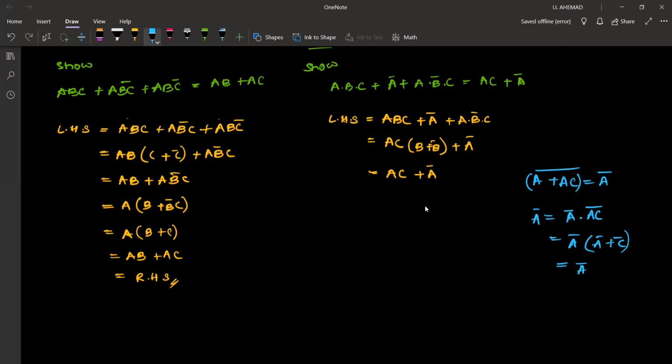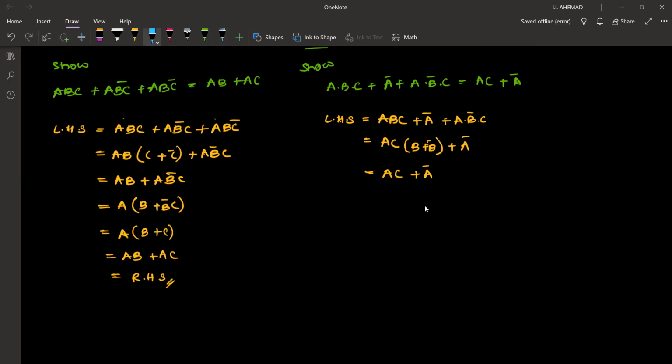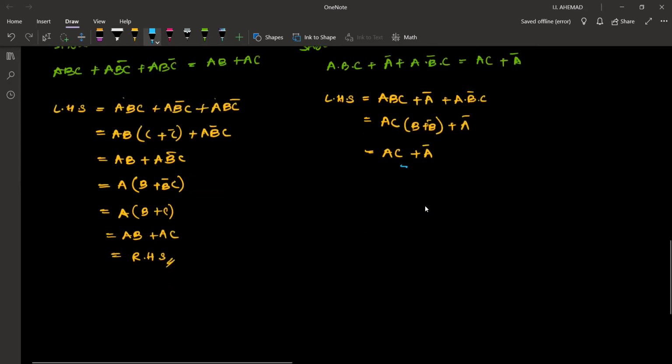Then we get A bar dot A bar plus A bar dot C bar. So this one can be written as A plus A whole thing bar plus A bar C bar. Now, it's getting long and lengthy, right? Let's leave it here. Okay.